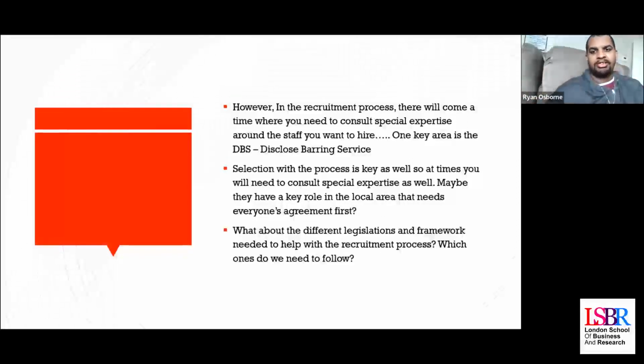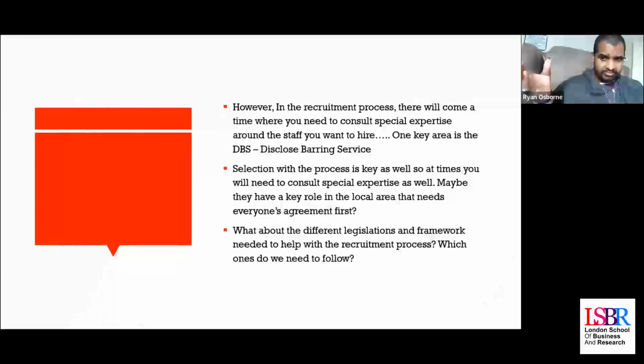Just like we said, the DBS, safer recruitment is all about how you can recruit people in a safe way, and the different legislations are so important, because the government are basically telling you that this is what you need to do to recruit fairly.